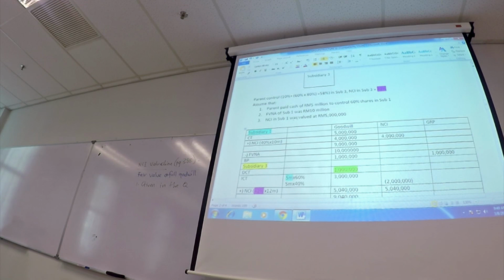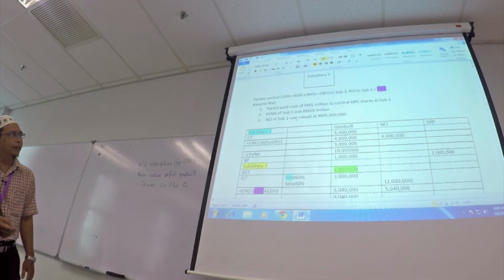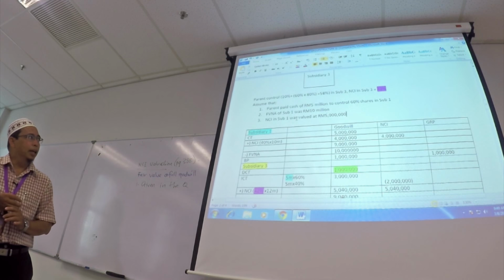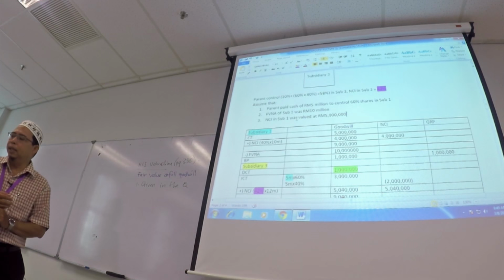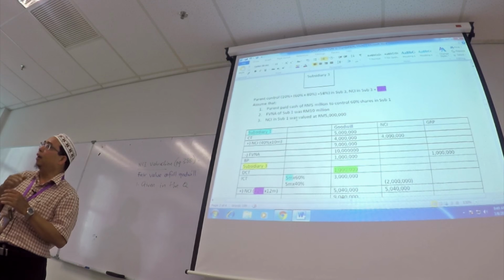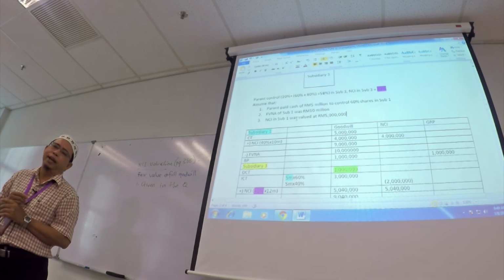If you have this fact, the consideration transferred was 5 million, the fair value of net assets was 10 million, and NCI in subsidiary 1 was valued at 5 million. So that means you are using the fair value method in valuing your NCI.